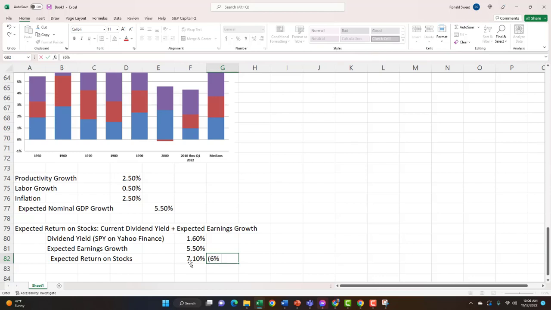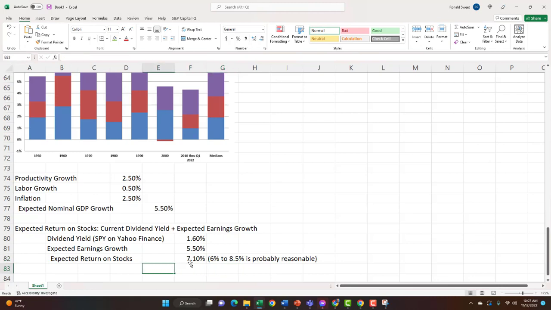Anything in the 6% to 8, maybe 0.5%, depending on what you do with the earnings yield, is probably reasonable. 6% might be a little low. I'd recommend you try to get above the 7. That's where it really helps to get the buyback yield in there. It gives you a little bit bigger numbers.